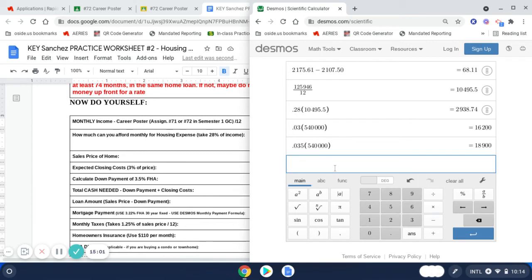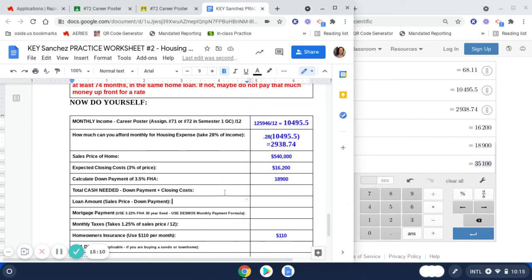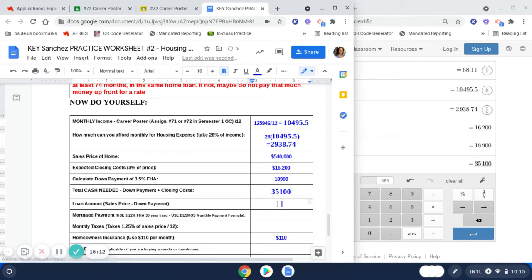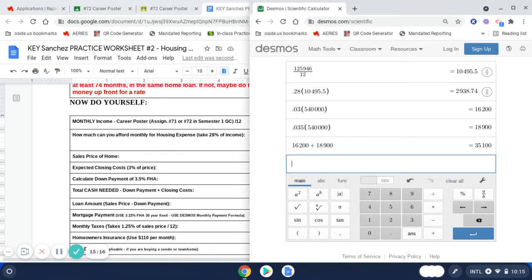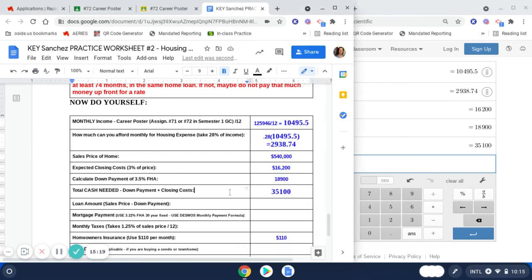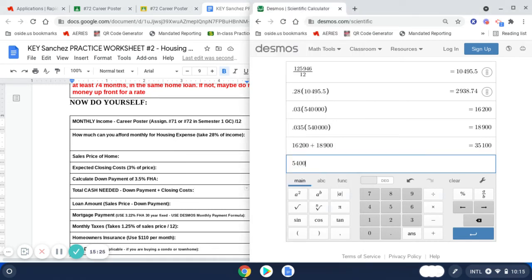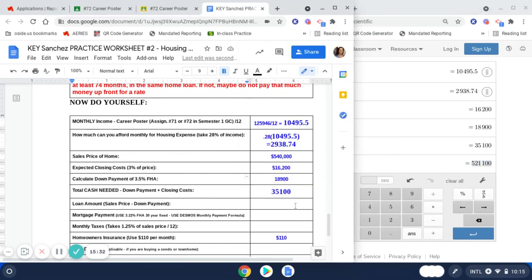So 16,200 plus 18,900, $35,100 gives me the total needed to close the escrow. Now we're going to take our sales price, which was $540,000, minus the down payment of $18,900. So our loan amount is going to be $521,100.